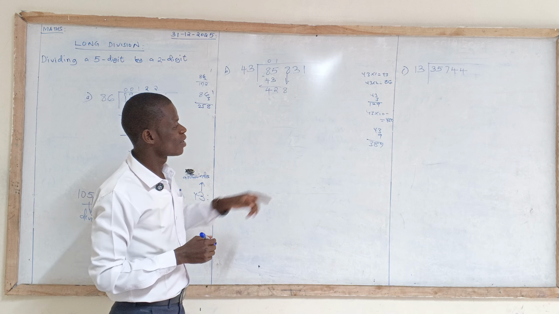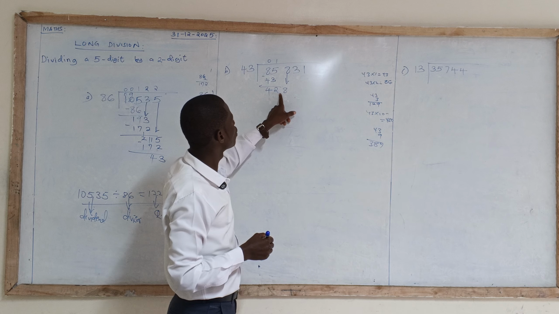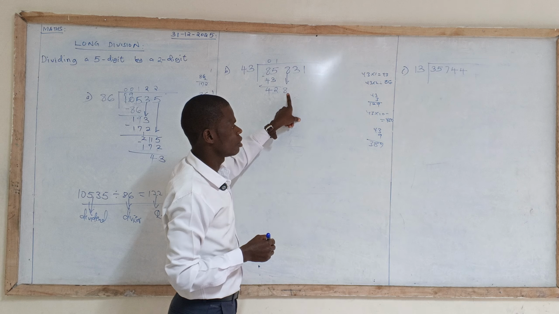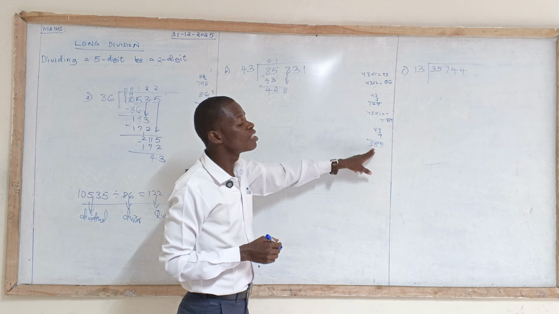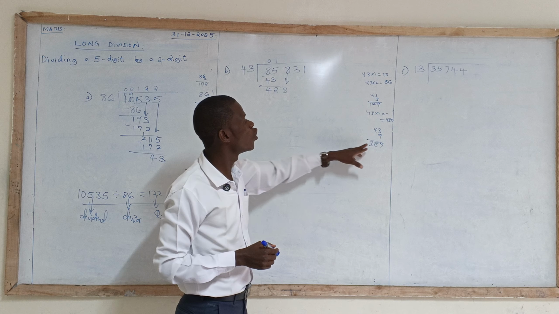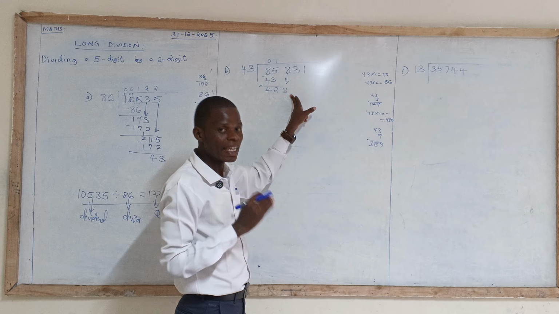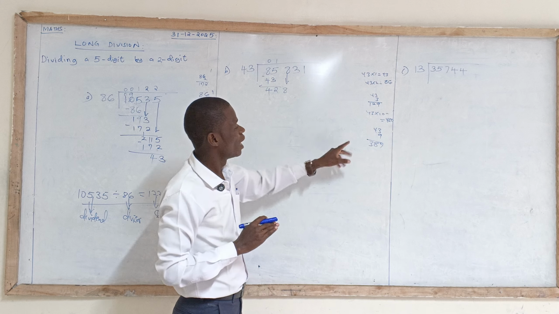So this is 387, and this is 428. It means that it is the only multiple of 43 that is very close to 428 and less than it. Are we together there?